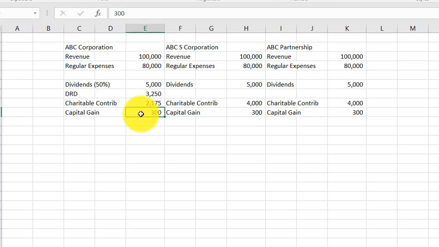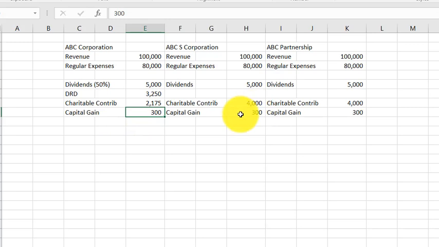Capital gains are treated just like any other income under a C corporation, and capital losses can only be used to offset capital gains, or carried back to do so or forward. So much more limited on the benefit of capital gains or even capital losses.